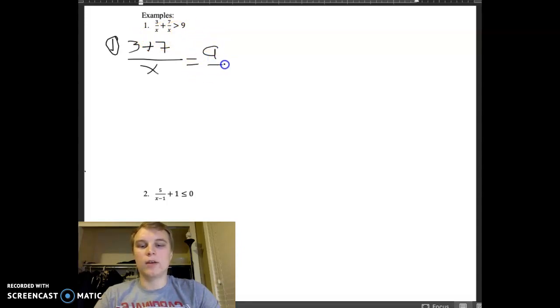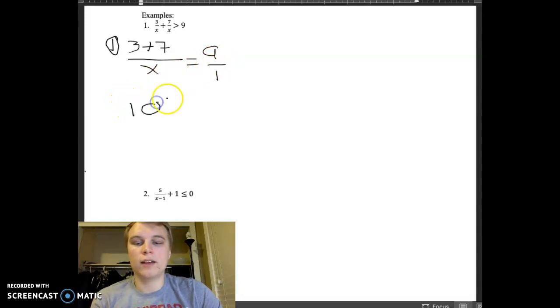I'll put 9 there. I'm also going to put 9 over 1 just to emphasize that we can do the cross multiply, which is the same thing as setting this over x and multiplying this by x and then only focus on the numerators. Well, if we cross multiply, we get 10, because 3 plus 7 is 10, equals 9x. Solve for x, we get 10 over 9 is equal to x. Okay, so that's 1 point.